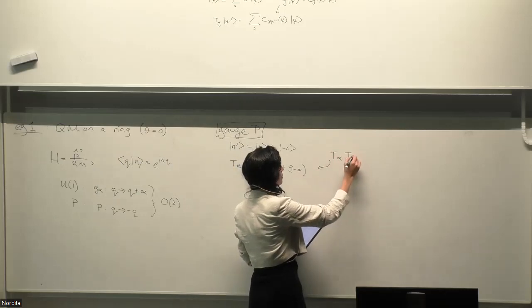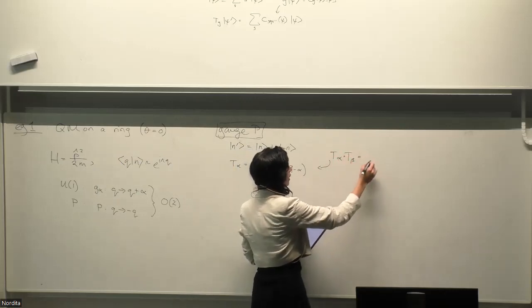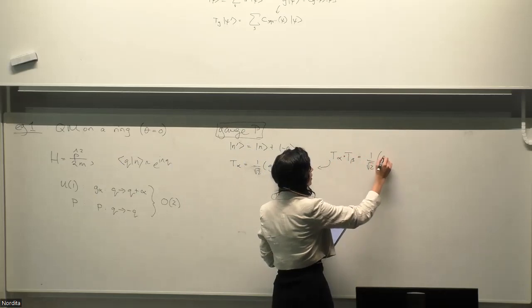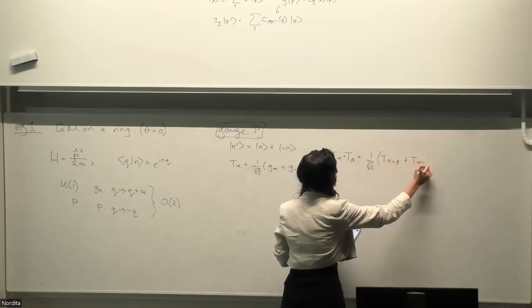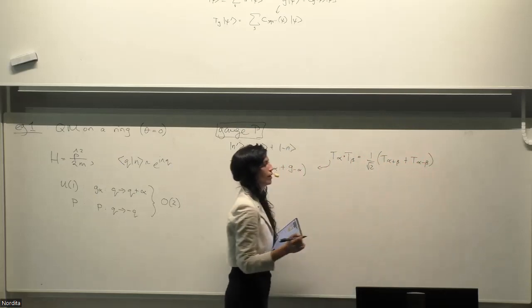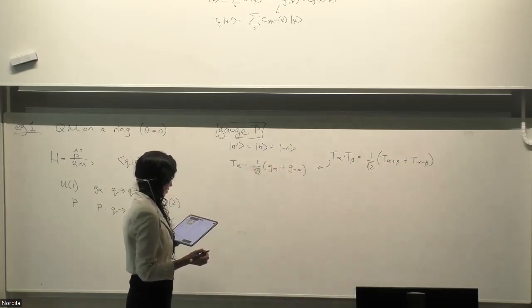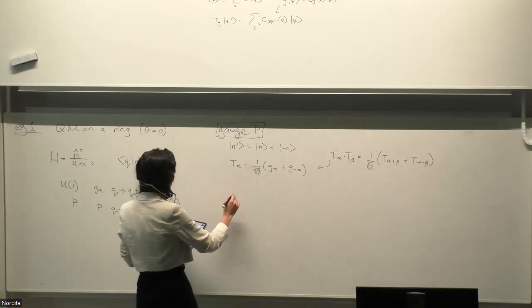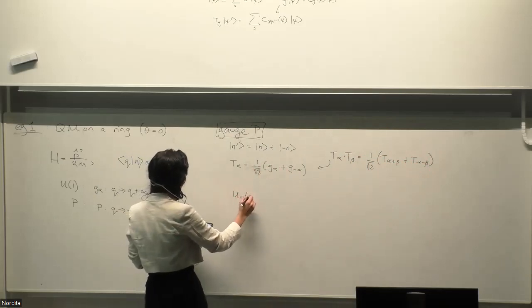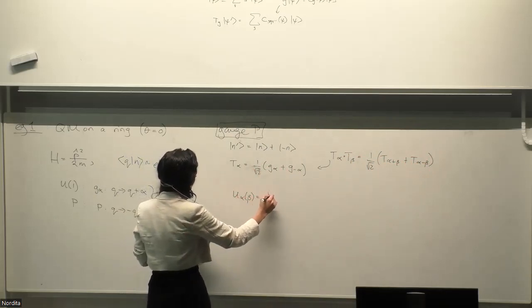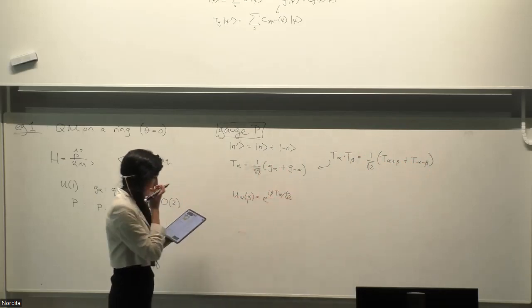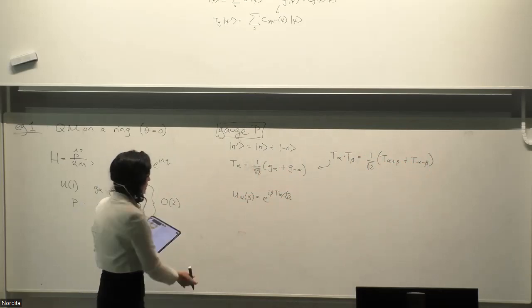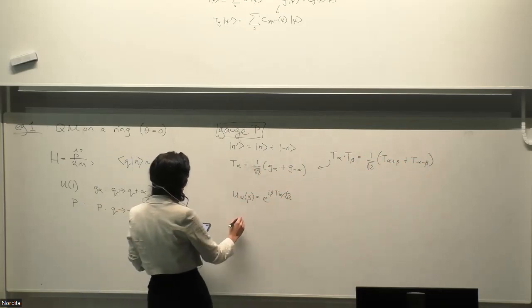If we have T alpha and then some T beta, this is going to give you 1 over square root 2 times T of alpha plus beta plus T of alpha minus beta. So for a generic alpha, there is no inverse. Now we upcycle. U alpha of beta is e to the i beta, T alpha on square root 2, just a convenient normalization. And this thing, as we've seen before, has a very nice action on states.